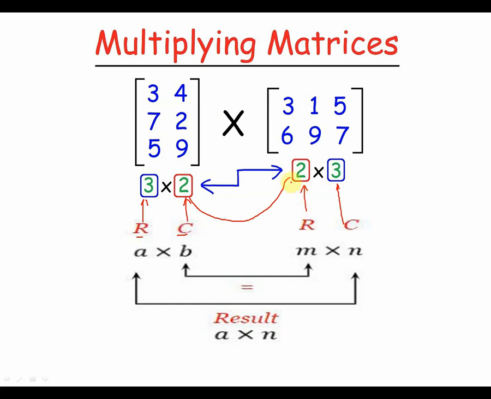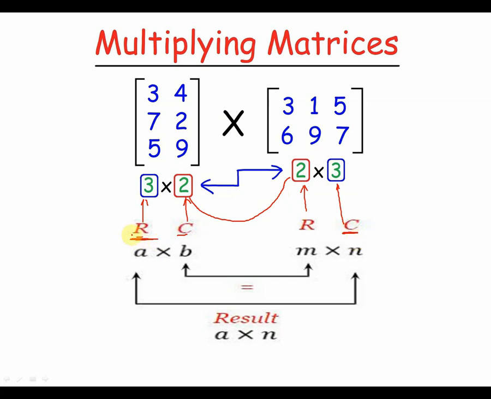Now, once we check for this condition, what will be the final matrix? I'll call that matrix the resultant matrix. So this resultant matrix will have how many rows and how many columns? That depends on the number of rows in the first matrix and the number of columns in the second matrix.